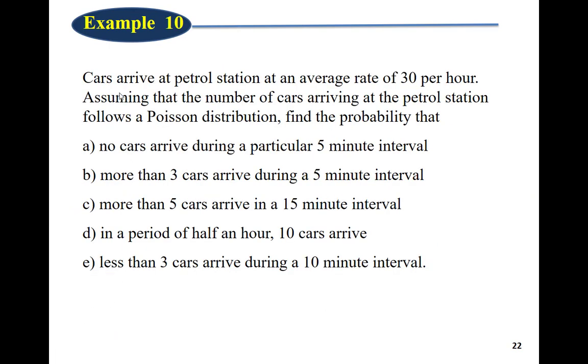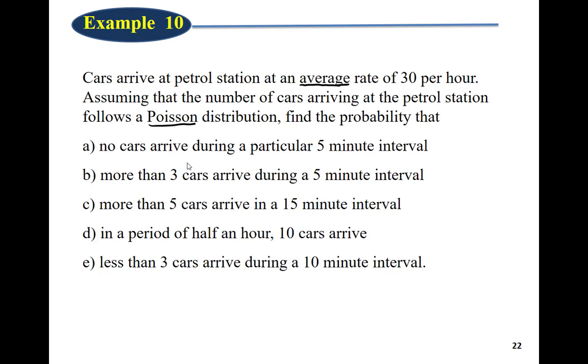Example 10. Cars arrive at a petrol station at an average rate of 30 per hour. Assuming that the number of cars arriving at the petrol station follows a Poisson distribution, find the probability that. Okay, now our lambda is 30 per hour. For 1 hour, the lambda is 30.